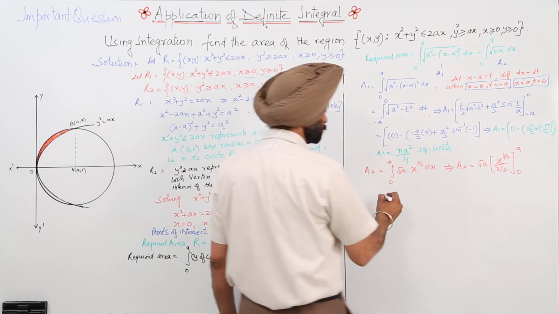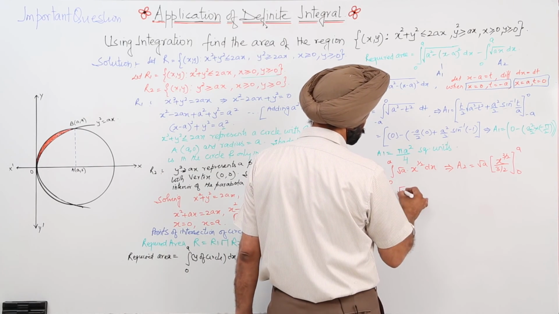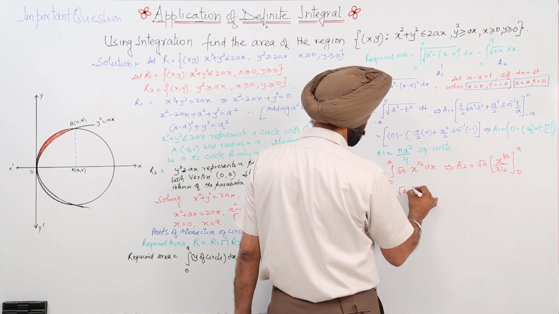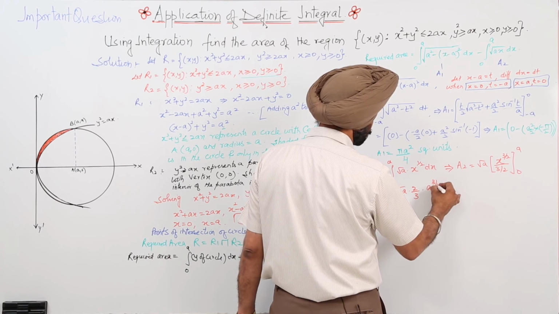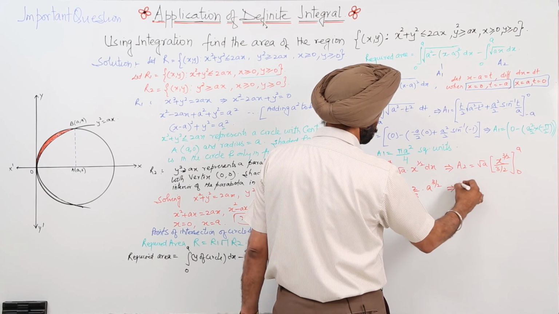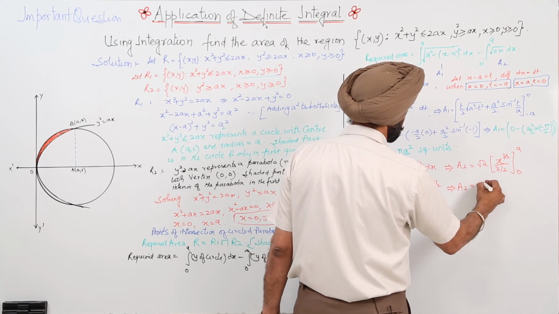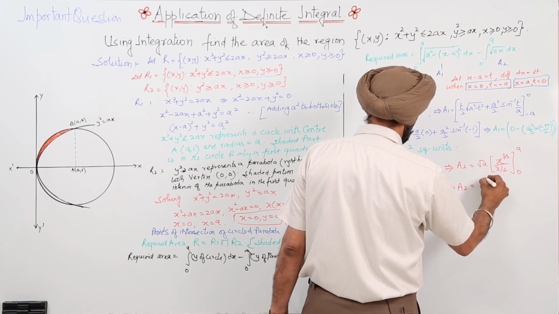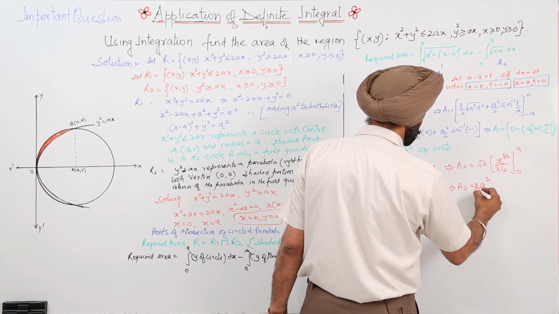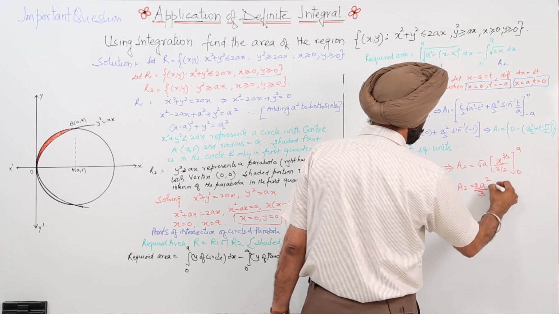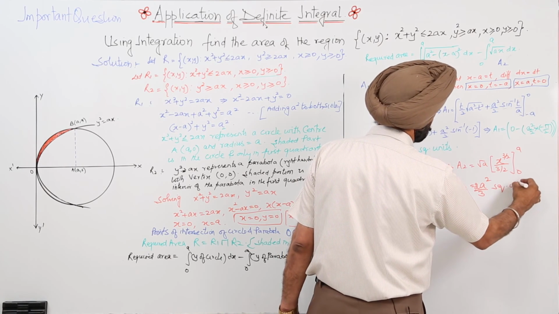Okay. Now this becomes √a · (2/3) a^(3/2). A2 = 2a²/3 square units.